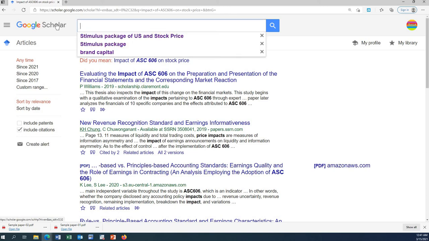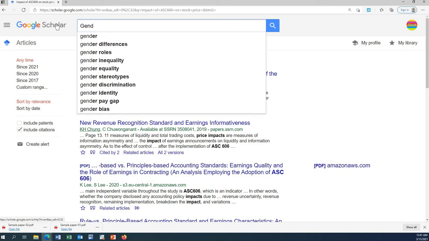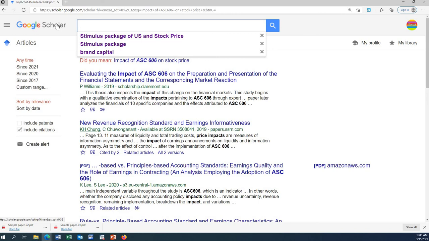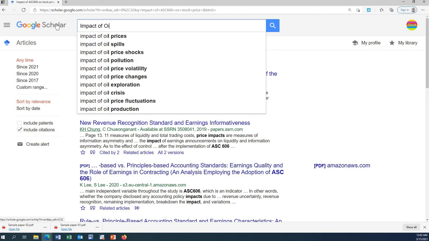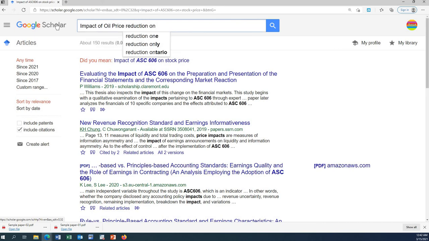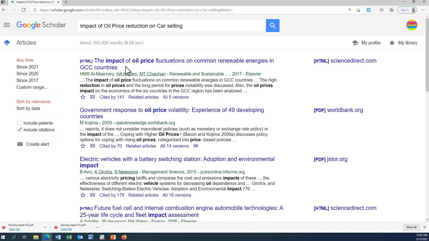So, gender, let's see, impact of oil price reduction on car selling. Is there any impact of oil price fluctuations on common renewable energies?